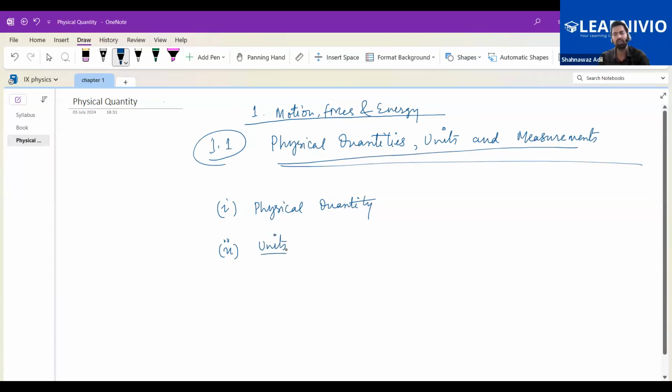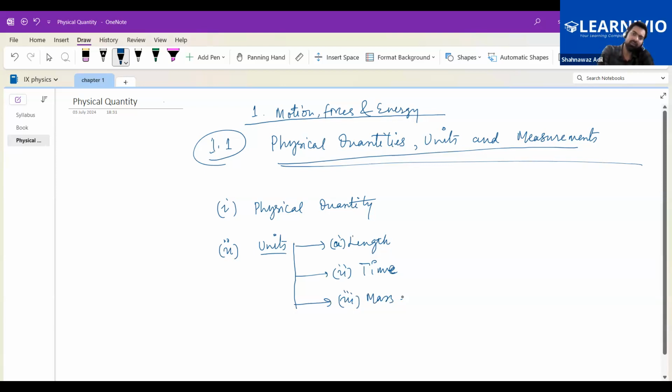And in units, we will be talking about the units of some basic physical quantities, right? Which are length and time, right? Mass is there in the next exercise, right? So mass is also there, but that is there in the next exercise, right?